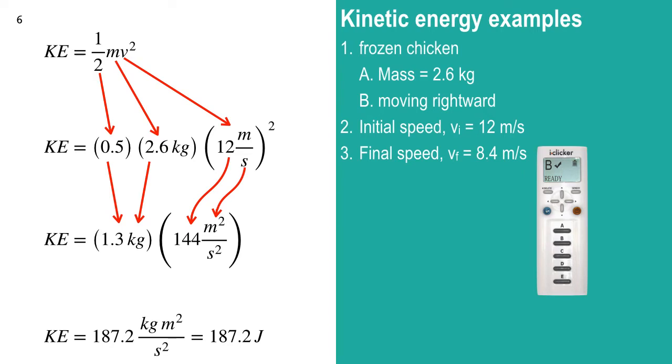So type in your answer, and let me figure it out myself so I can grade it. Can't believe I forgot that slide. Round to the nearest tenth of a joule, just like this one. That one was 187.2, and I think this one will give you something point something.